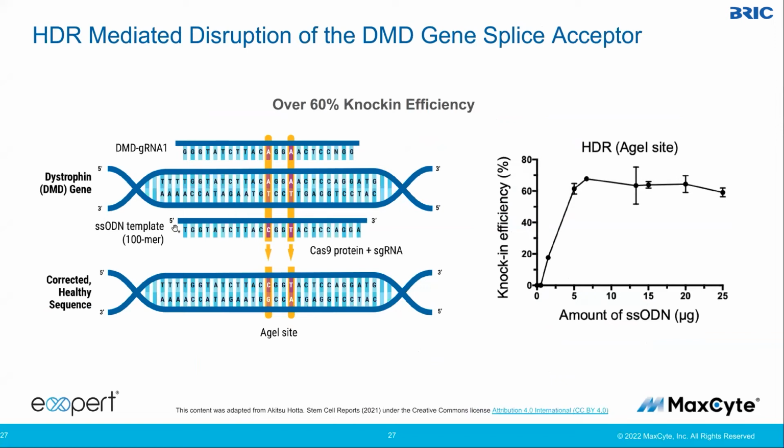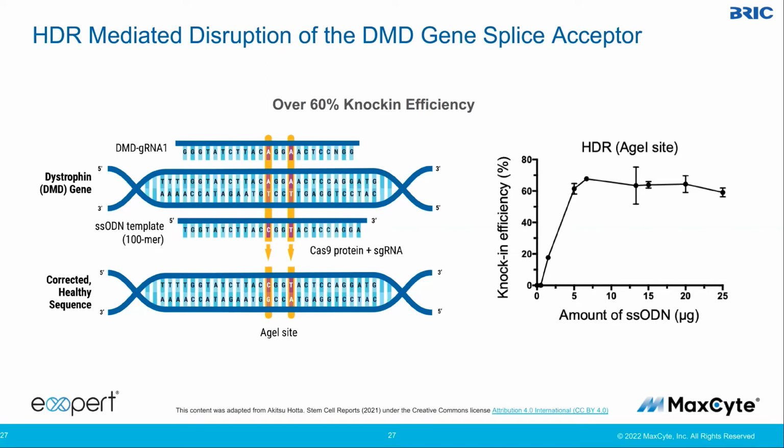In this example, they're using an ssODN template that's about 100 base pairs in combination with CRISPR-Cas9 protein and guide RNA, basically making 2 base pair substitutions from A to C and A to T, which introduces an AG1 restriction site. The purpose for this was to induce exon skipping to restore the dystrophin gene expression once iPS cells are differentiated into skeletal muscle cells.